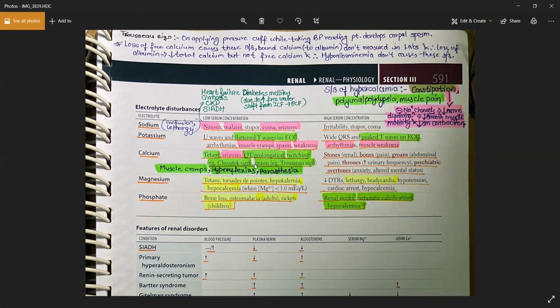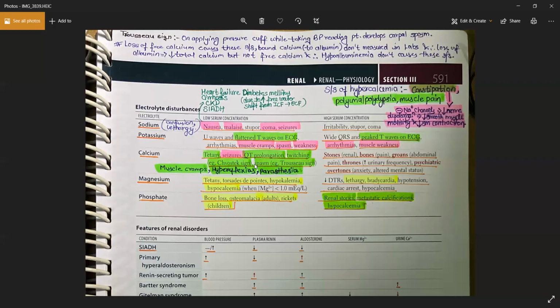The second thing is the Chvostek sign: whenever you tap on your facial nerve, on your face, you will have a focal contraction of the facial nerve region, right? So these two signs are present in hypocalcemia. For the Trousseau sign, you tie the BP cuff on the arm, and you will get a focal contraction in the muscles of the hands.